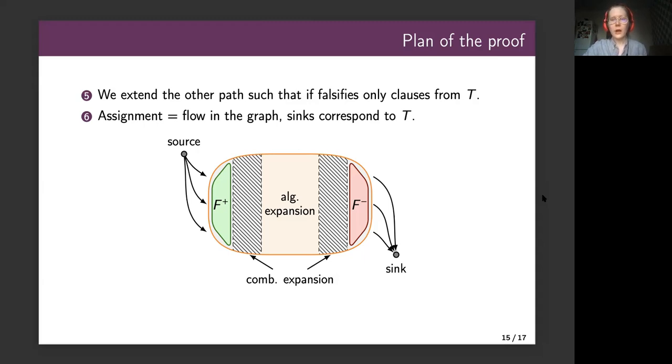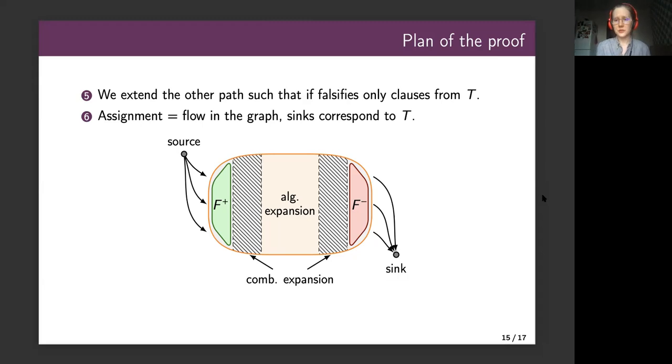Okay, so they have those strongly satisfied vertices, and they have a lot of outgoing flow from them. Also, they have those clauses from T, and the fact that they are falsified means that the corresponding vertices have negative balance of the flow. So those vertices would be sinks in our graph.